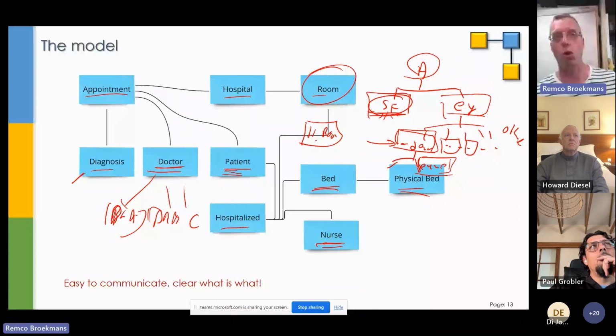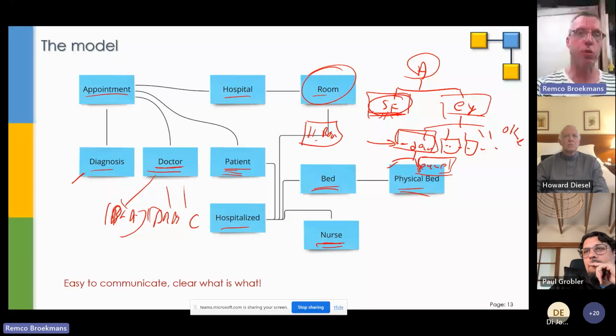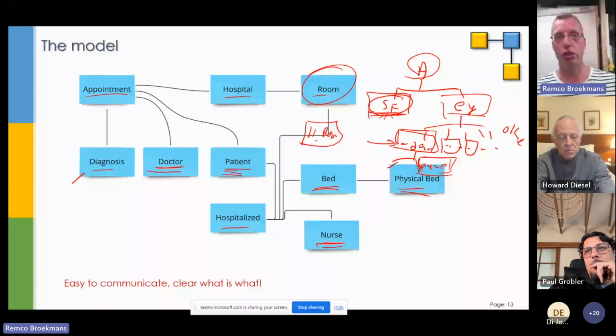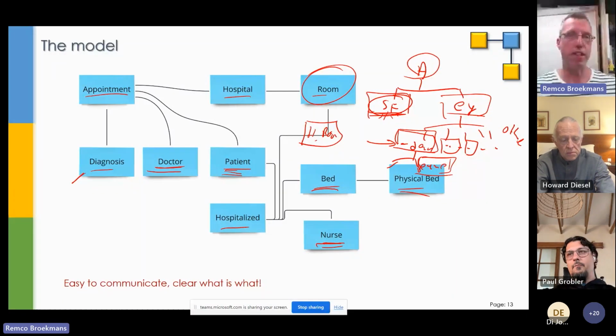So you probably want to say, you know what? We're not going to have the instance of the doctor model because they're all doctors. We just do doctor. And some doctors are pediatric, some doctors are general, some doctors are whatever. But we need to do a little bit better.